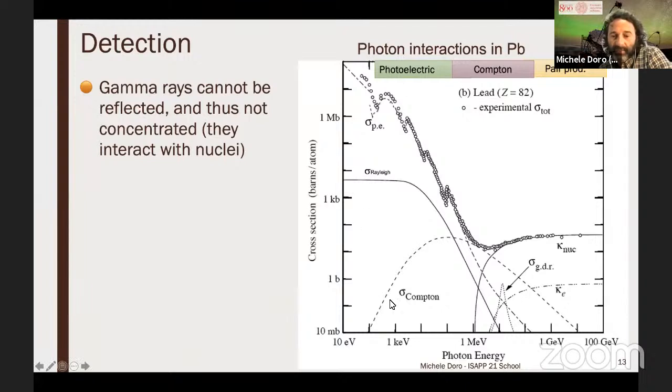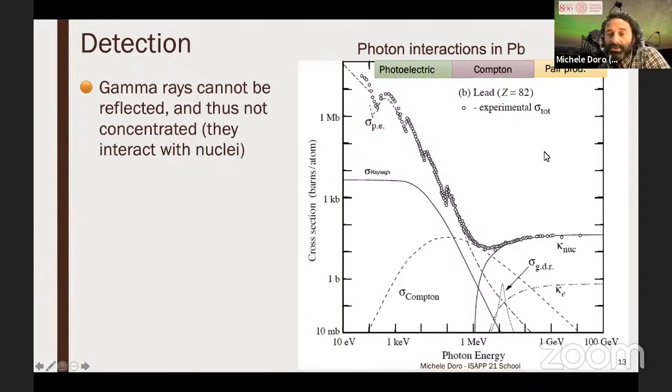This is probably familiar to all of you, as a function of the photon energy. When you start having photons of very high energies in the gamma ray band, you start first with the photoelectric effect, and then you enter into the Compton process, in which you transfer energy to the electron. And finally, you have basically just pair production.